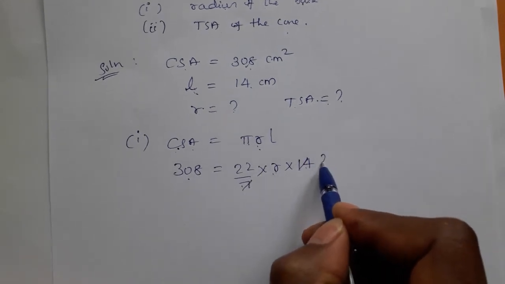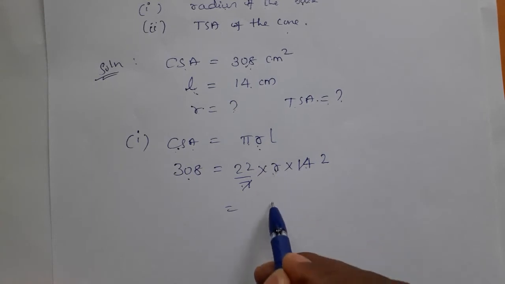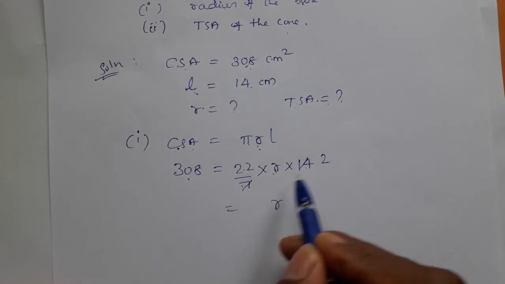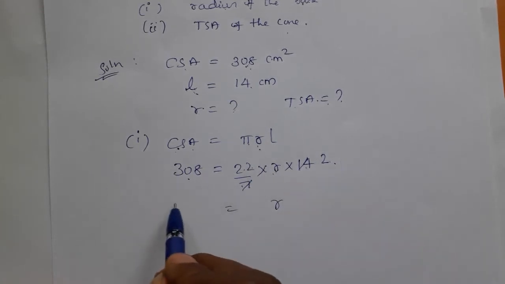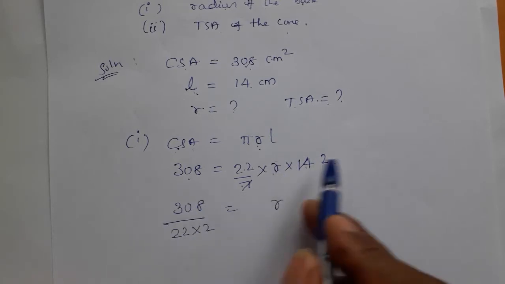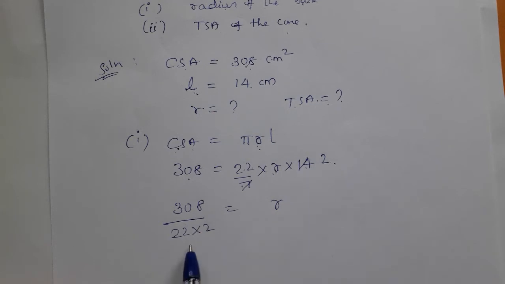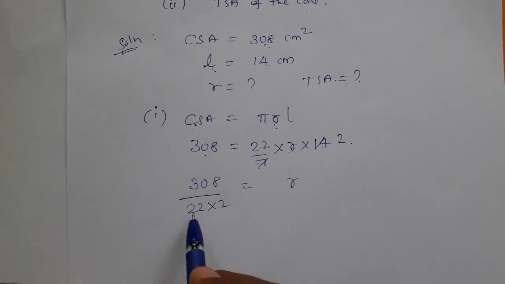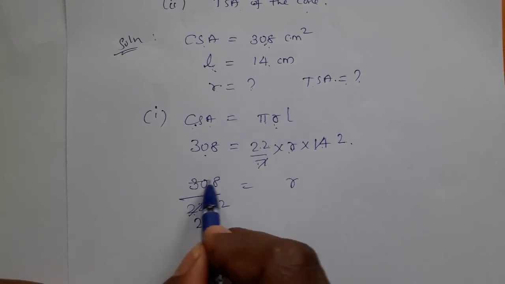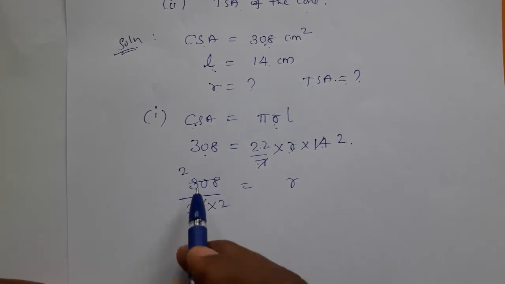7 ones are 7, 7 twos are 14. R remains here. This 22 and the 2 shift to the other side: 308 by 22 into 2. You can take 44 also, 22 twos are 44 in the denominator. Once you see 22 in the calculation, better you select the 11 table. 11 twos are 22.